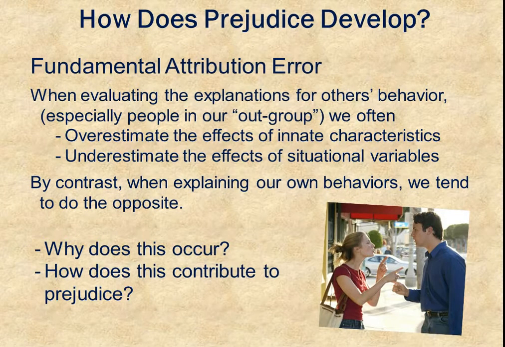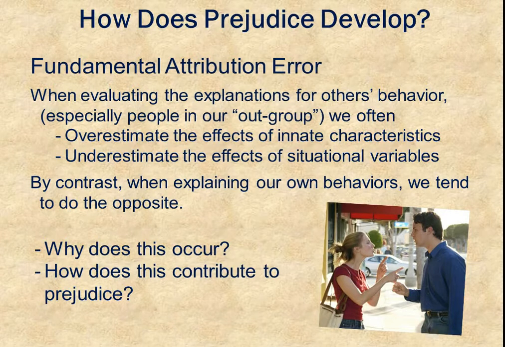Now, another thing that I want you to consider as being a source of prejudice is something I talked about last week, and that's the fundamental attribution error. If you recall from before, when we are evaluating other people's behavior, we tend to overestimate the role of internal attributions.